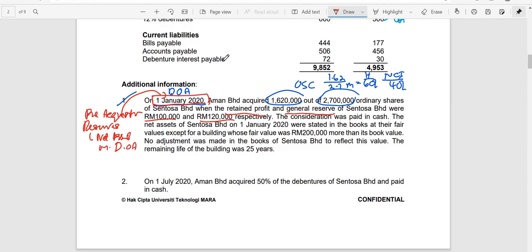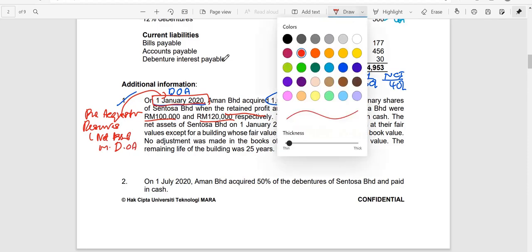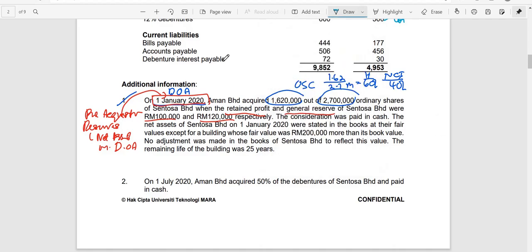At the same time, you are also informed that the net asset of the subsidiary on 1st January was stated at their fair values, all of them with the exception of a building, whose fair value is now more by 200,000 than its book value or carrying amount.